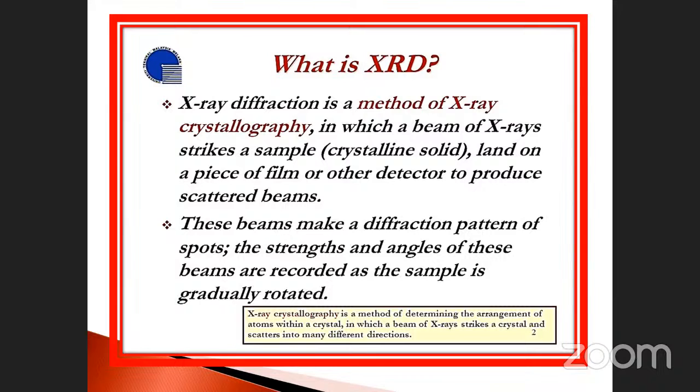Okay, so in between the film, the beam is there as well as the screen. When a light passes onto the film, what happens? The film has the picture, and it may fall onto the screen, isn't it? Likewise, next we will see these beams make a diffraction pattern of spots. The strength and the angle of these beams are recorded as the sample is gradually rotated.